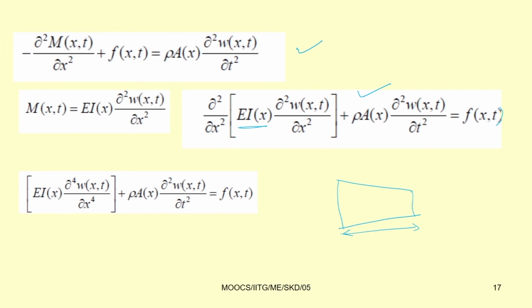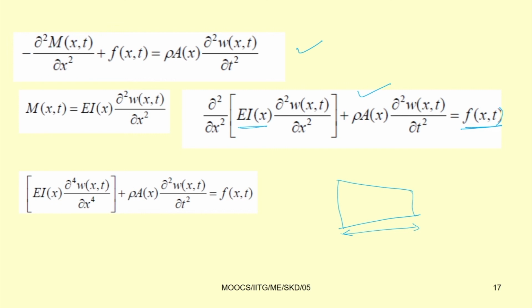If the external force is not there, then f(x,t) equals 0 and the equation can be written as ∂²/∂x² of (EI(x) ∂²W/∂x²) plus ρA ∂²W/∂t² equal to 0.